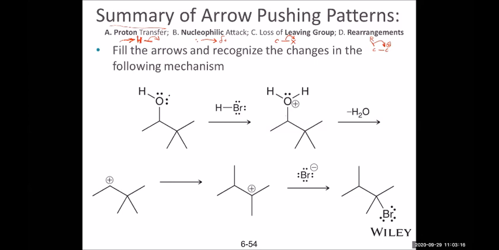So the arrow: as a base, use a lone pair to attack the hydrogen. And this hydrogen can only maintain a single bond, so this bond needs to break. So that's the first step of arrow pushing, the proton transfer. If you write down what kind of attack, it is a proton transfer reaction.